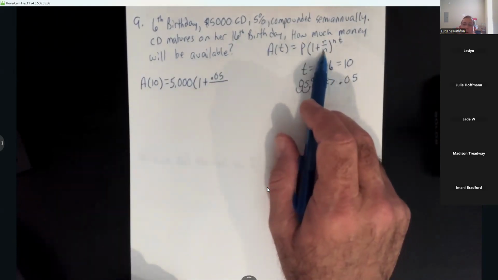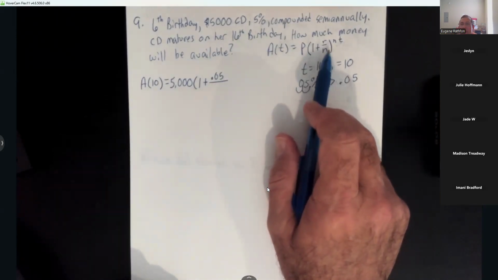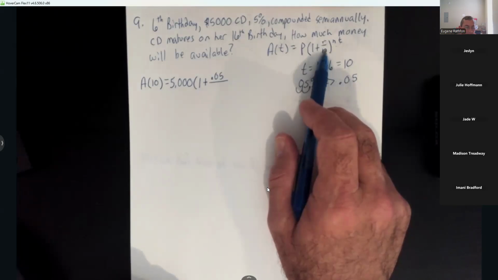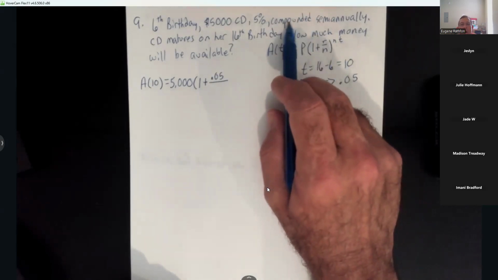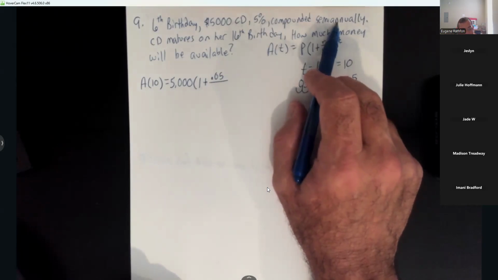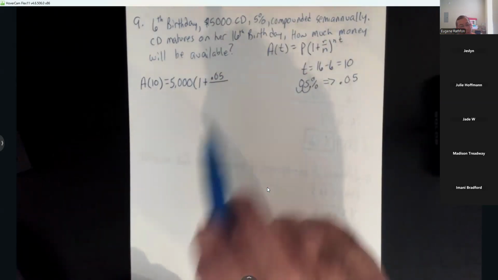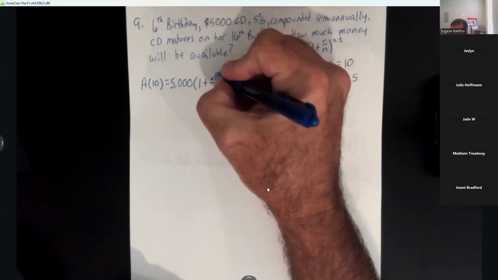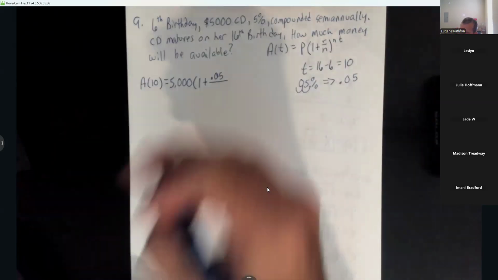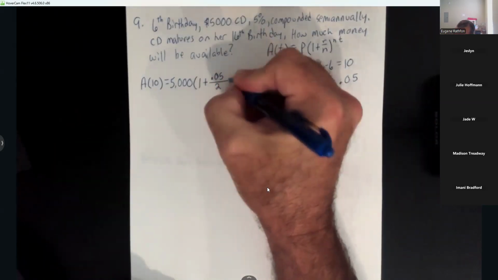All right, y'all, on the bottom is the N. N is the number of compounds. So if you're compounded semi-annually, how many did I say that equaled? So that's going to be 2. So you got a 2 on the bottom.